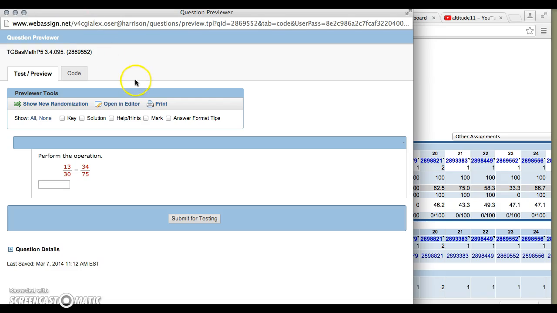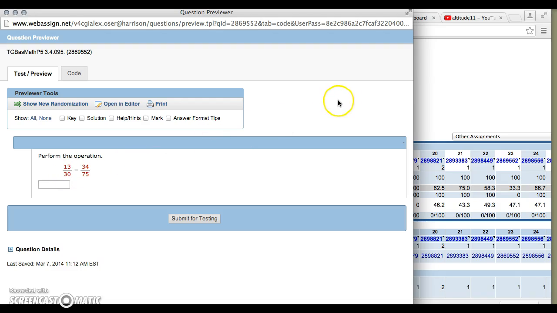All right, so for problem number 23, we have 13 over 30 minus 34 over 75, and we are supposed to perform the operation. In other words, we need to subtract these two fractions. So the words that should be popping into our head are common denominator.